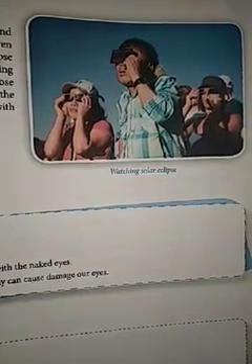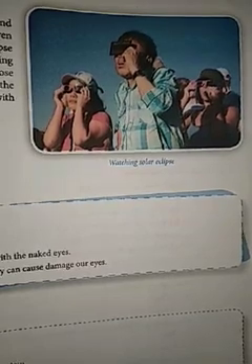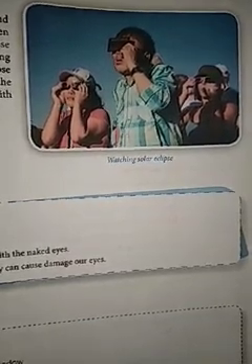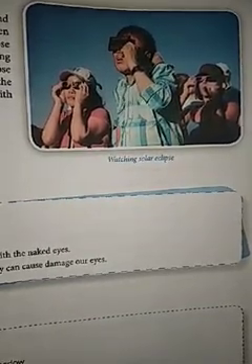Looking at the Sun directly during an eclipse can harm our eyes and may cause permanent damage or even blindness. Hence, we should never watch a solar eclipse with naked eyes. We can watch a solar eclipse by using glasses which are specially designed for watching the Sun or the solar eclipse.